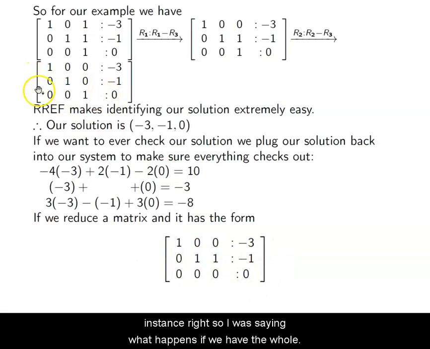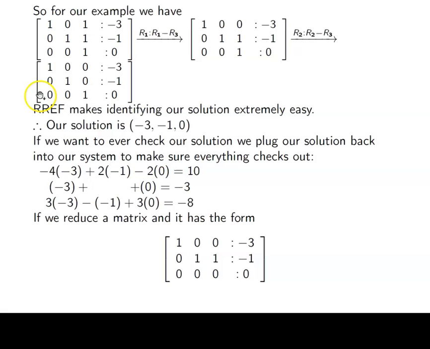So if we were to reduce a matrix and it came into this form, for instance, right? So I was saying, what happens if we have a whole row of zeros, right? So for some reason, the third equation completely gets eliminated when I'm trying to make the entries below the second variable 0. Well, I know that x1 is -3 and x2 plus x3 is -1, but I have no idea what x3 is because there's no pivot position.